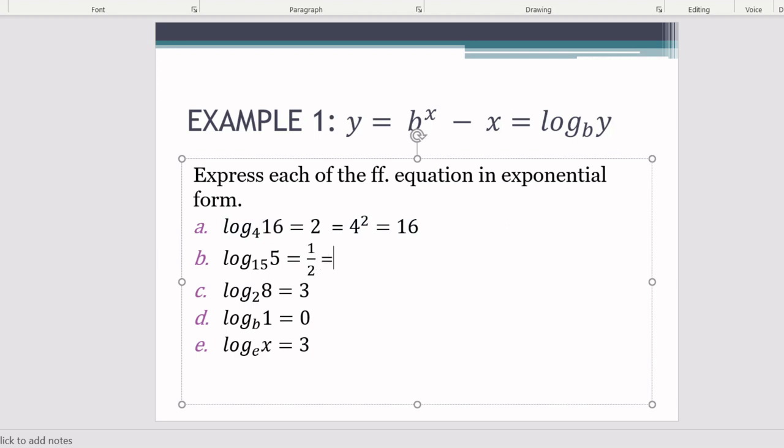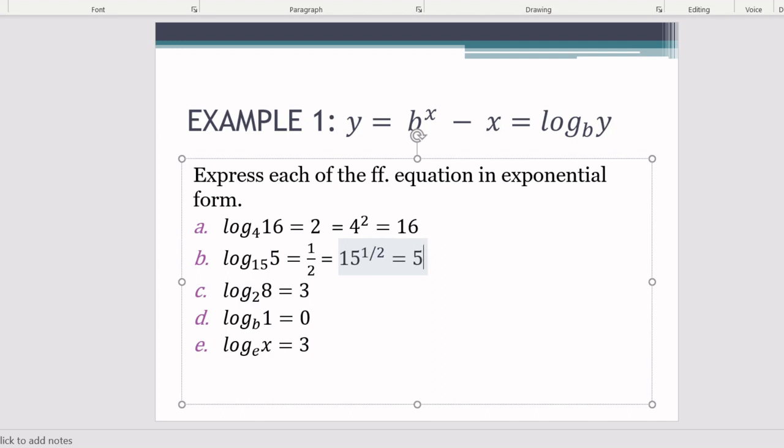Okay, for letter B, that is simply 15 raised to 1 half. Let's copy this one. That is 15 raised to 1 half, that's equivalent to 5.